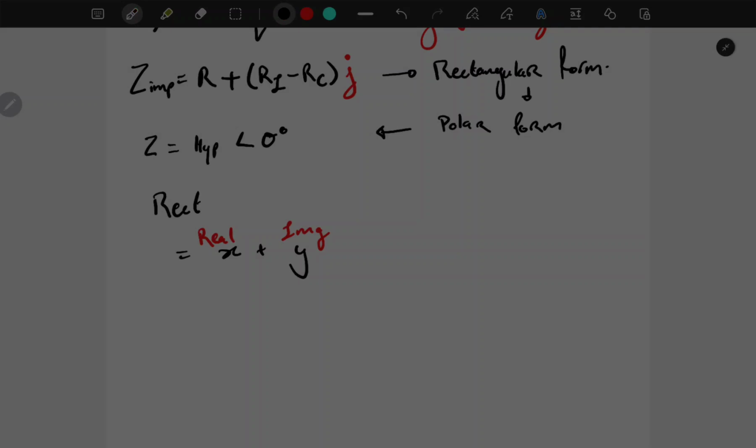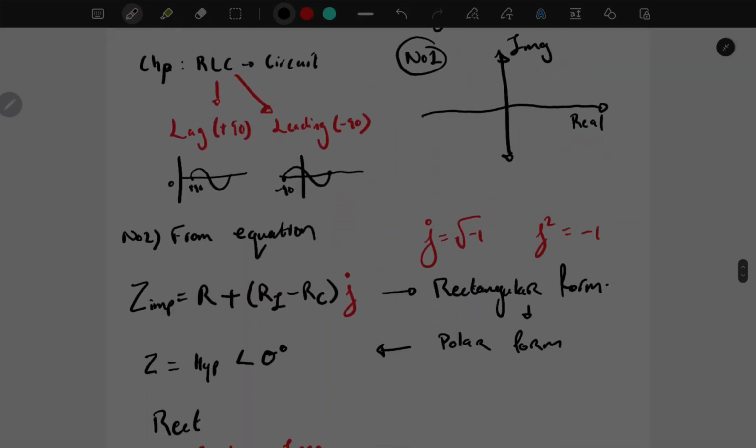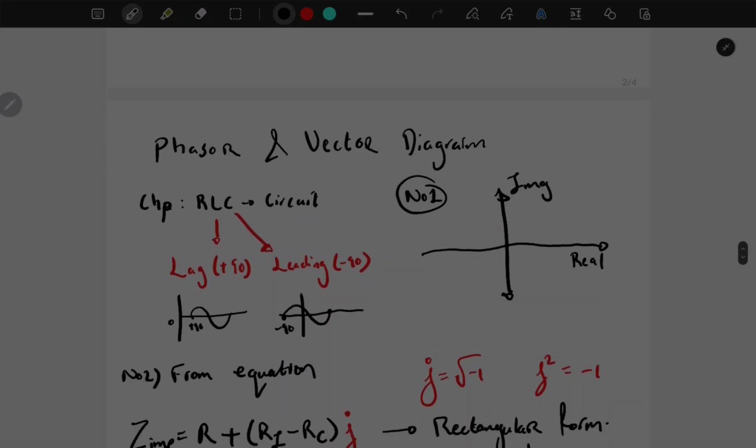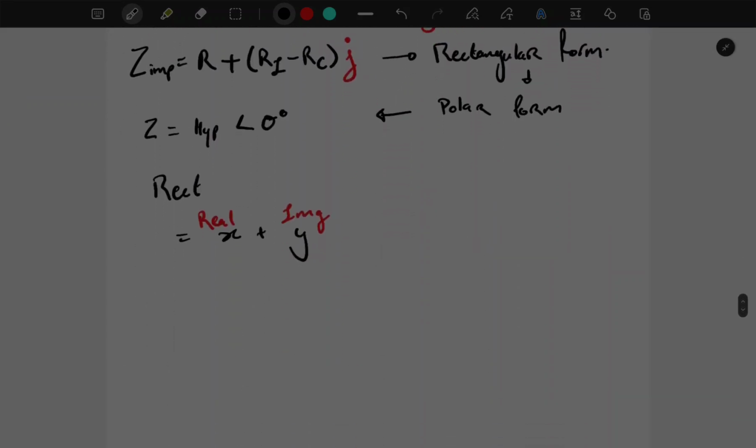So when we come to the graph that I drew over here, we have an x value and a y value, right? When we connect these two points, we are given h, the hypotenuse.